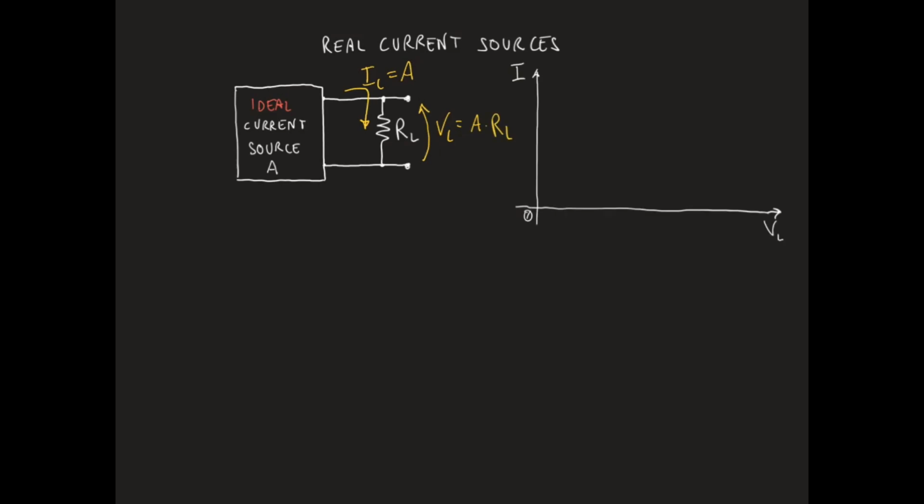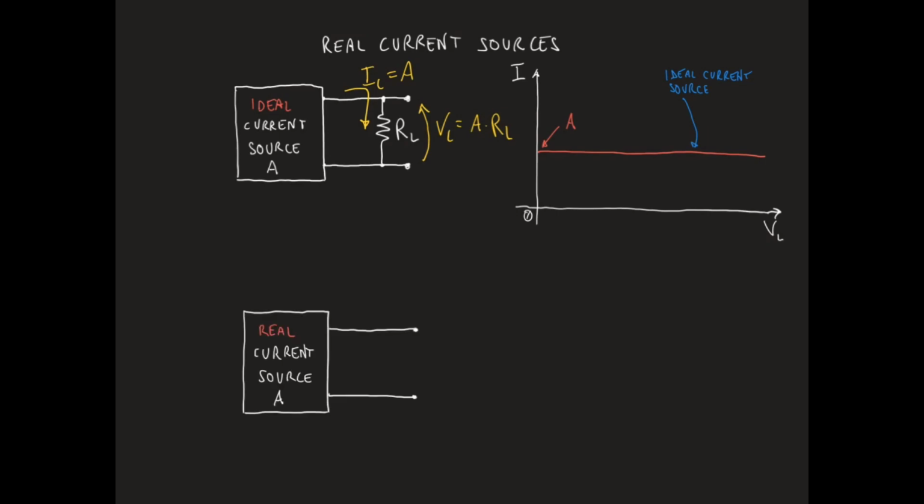If we assume for the sake of simplicity that the ideal current source we are considering generates a constant current A, then the current-voltage characteristic of the source will have a constant value equal to A, whatever the value of the voltage across the load is.